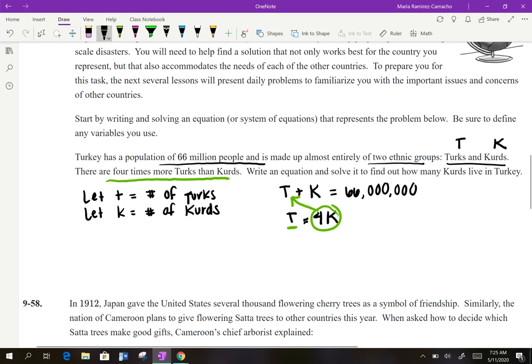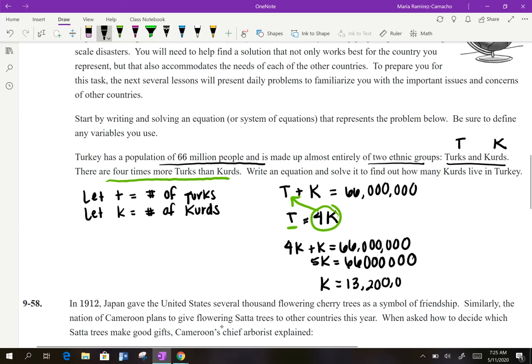So my new equation becomes 4k plus k equals 66 million, which means that 5k equals 66 million. If I solve for k, if I divide both sides of this equation by 5, I would get 13,200,000 for k.